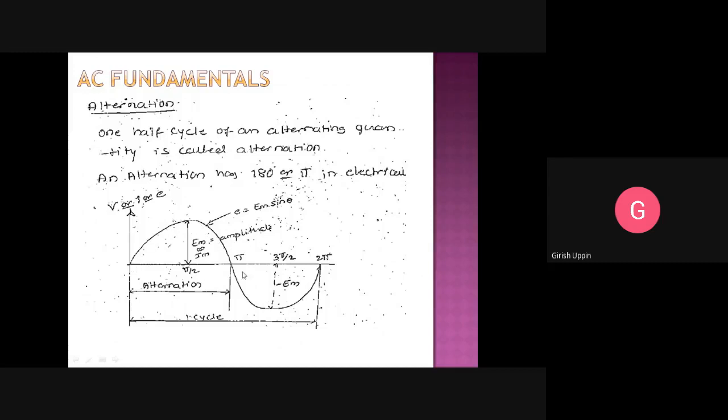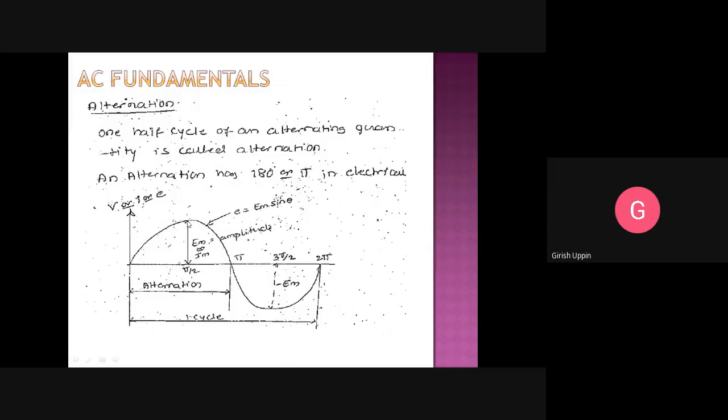We have so many time instances. At any time instant, whatever the voltage or the current, that is called an instantaneous value, represented with lowercase v or lowercase i. That is the equation: v = Vm sin omega t. Here you can see e = Em sin theta.